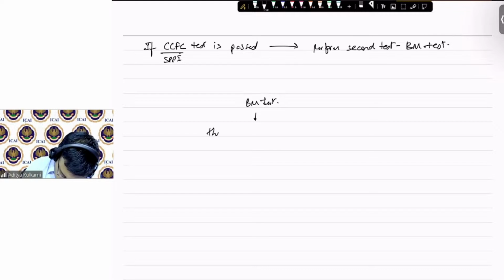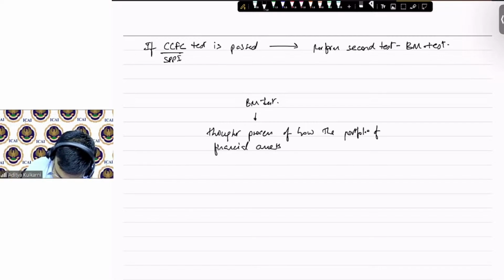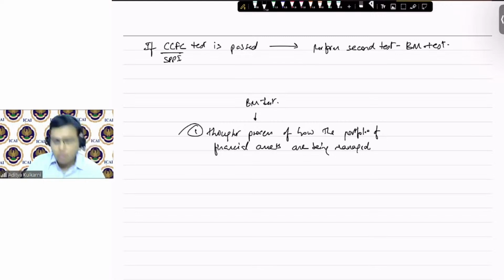It is basically a thought process of how the portfolio of financial assets is being managed.